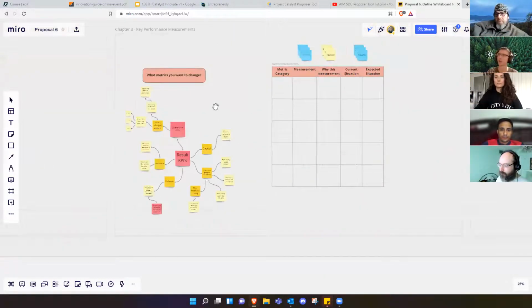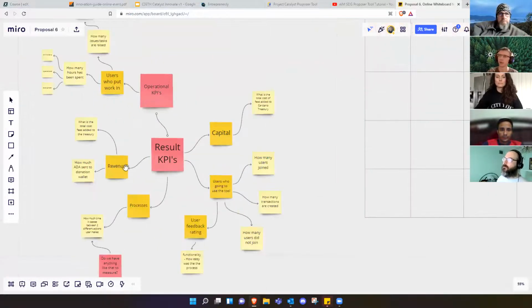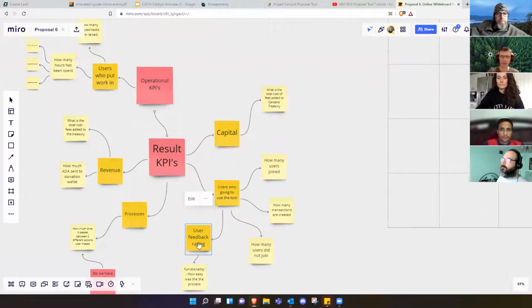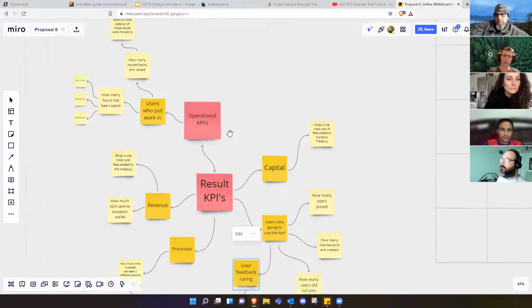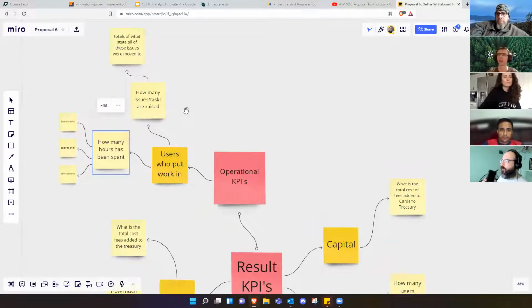In key performance measurements, there are a lot of examples of what you could do, starting from capital, revenue, process, and what users can do, including an example like a user feedback rating. This could also be used as a KPI. How did they like your process? I also suggest adding operational KPIs, like how many hours were spent, how many issues or tasks are raised.